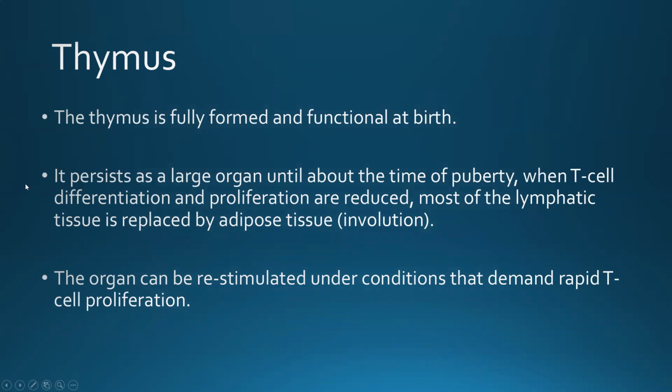It persists as a large organ until about the time of puberty, when T cell differentiation and proliferation are reduced. Most of the lymphatic tissue is replaced by adipose tissue. This is what we call involution. But this organ can be re-stimulated under conditions that demand rapid T cell proliferation.